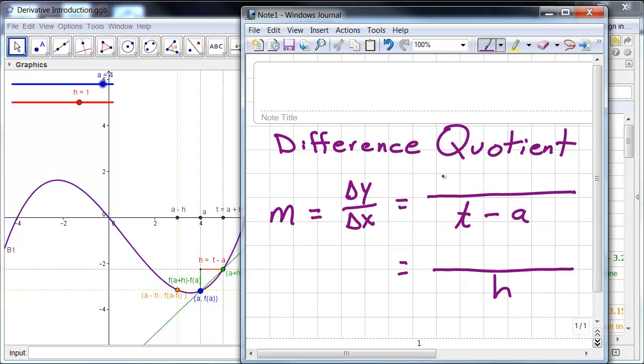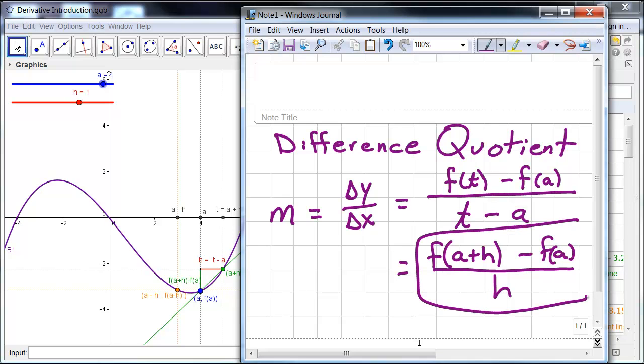And then for the y, we want to take the f of t minus the f of a. Or another way to write t is a plus a little bit more, plus h. So typically I'm going to write it this way. And that's what we call the difference quotient.